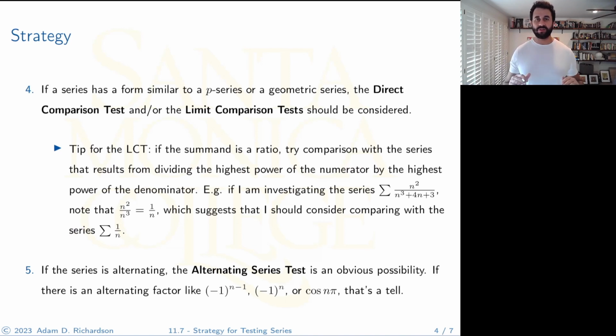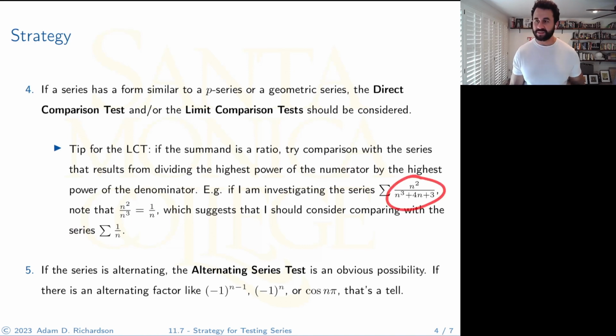A lot of times when you're trying to use the limit comparison test, the very first question you have is, what do I compare it to? If you've got something that looks like this, then you may want to compare it to a series that results when you divide the highest powers. That's really what I mean.